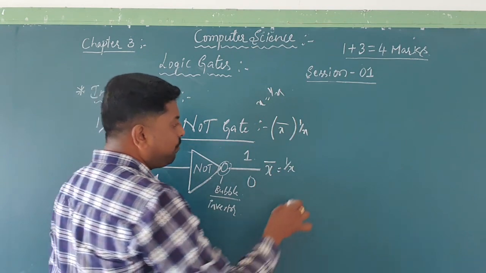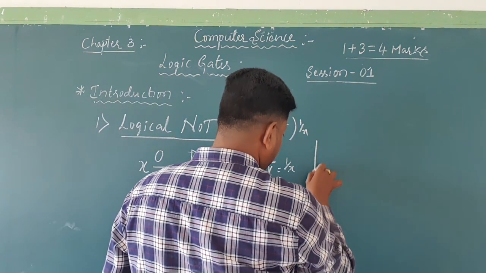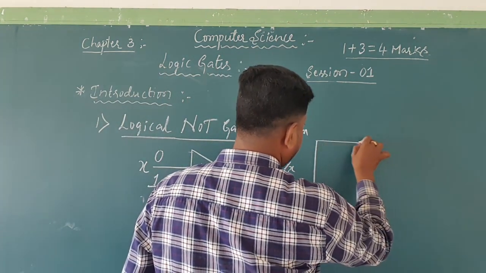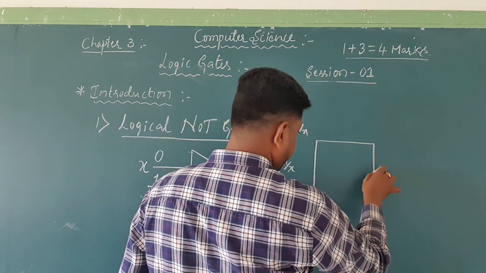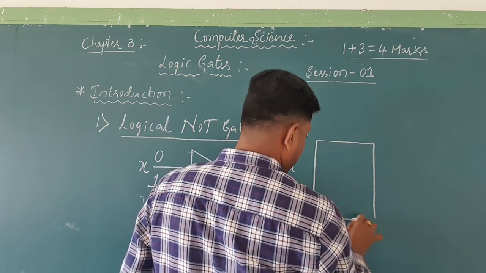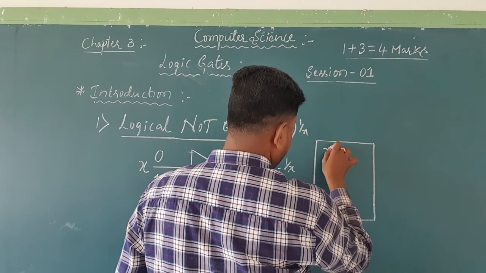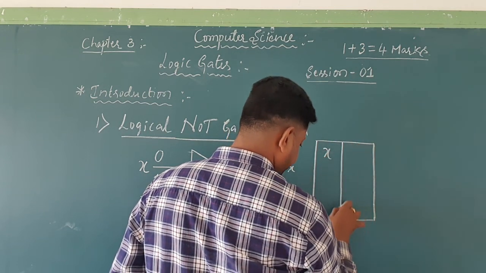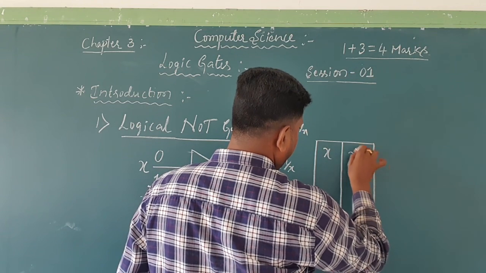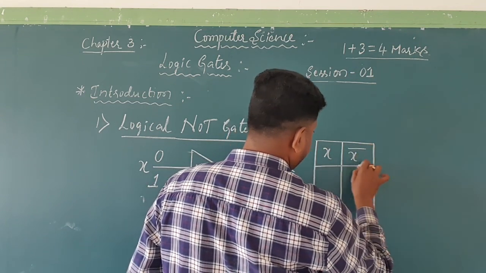Then, if I want to explain with the help of the truth table, see, x is an input, and x bar will be the output.